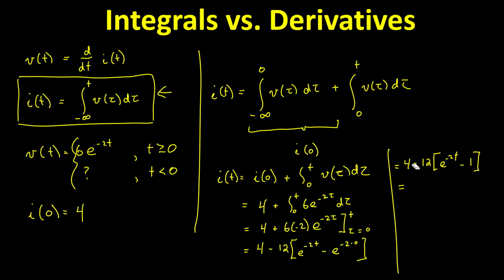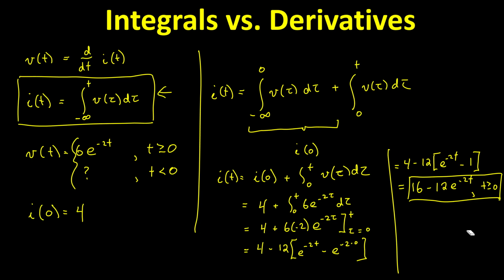So multiplying through, we get a minus 12 times a minus 12 is a positive 12, plus 4 is 16, minus 12 e to the minus 2t. And that's the answer for t greater than or equal to 0.